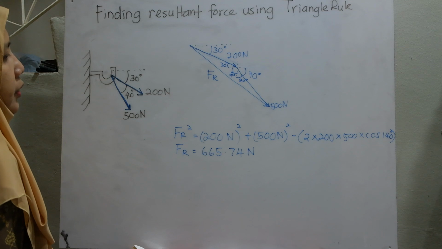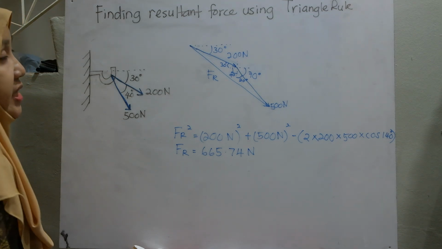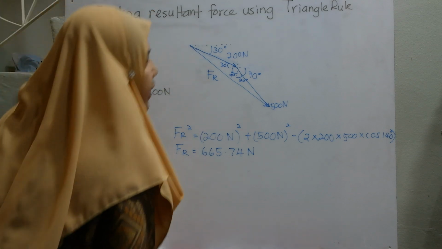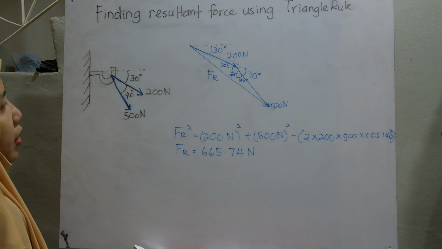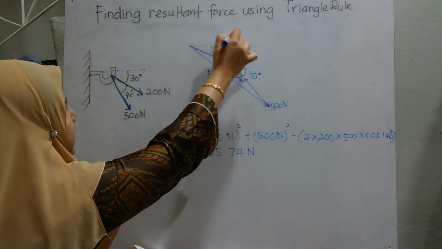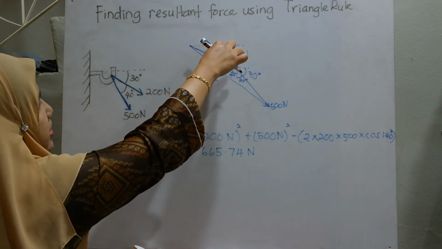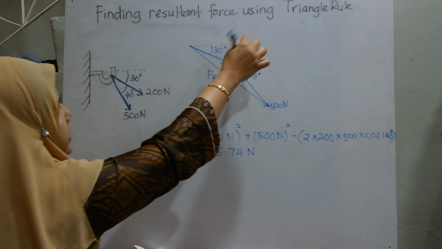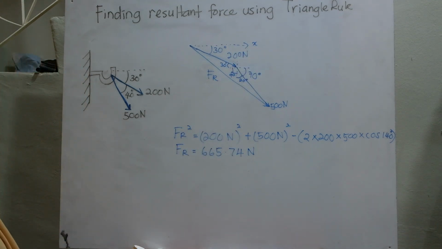Normally the question will ask you to find the resultant force magnitude and also its direction. So now we have to find the direction, and we have to remember the sine law. This is our x-axis, and the force is going down from this x-axis, but we do not know the angle yet.